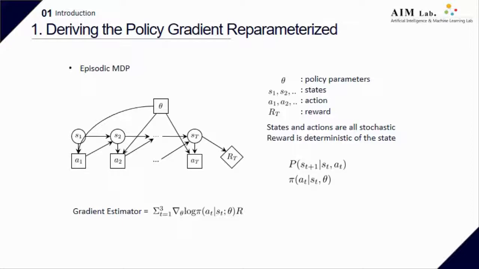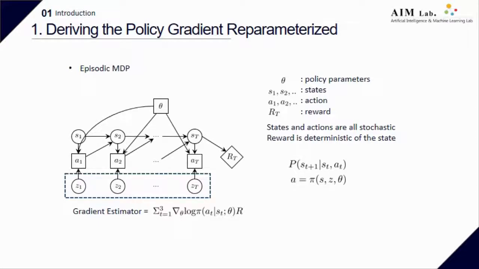Therefore, we can reparameterize this graph using z with mean 0 and standard deviation 1. Then actions will be a deterministic function, and the graph looks as follows. The action equals pi of s, z, theta, where z is random noise with a Gaussian distribution.